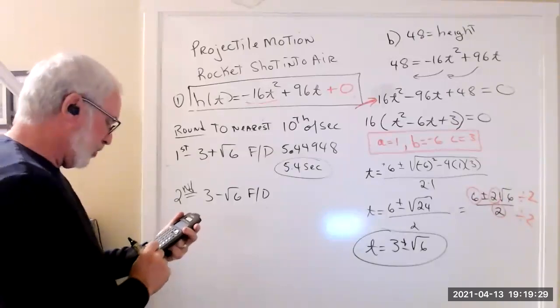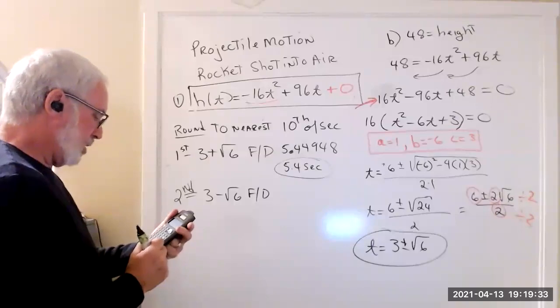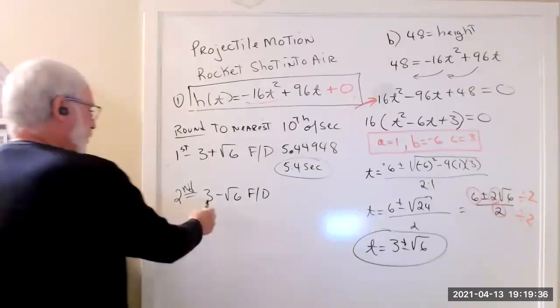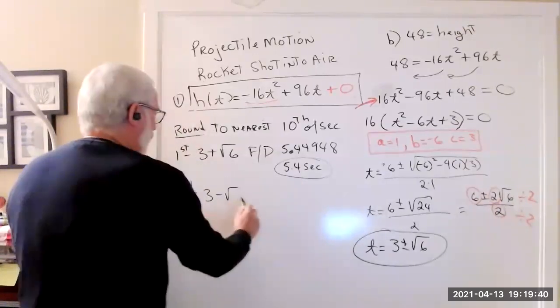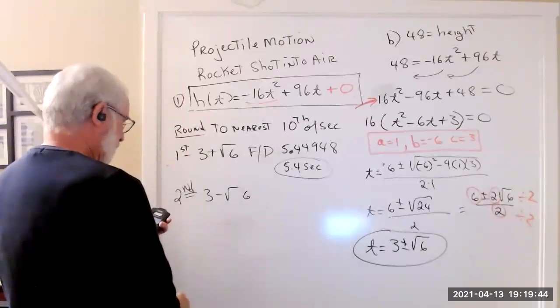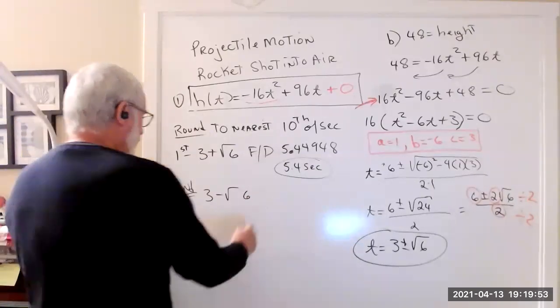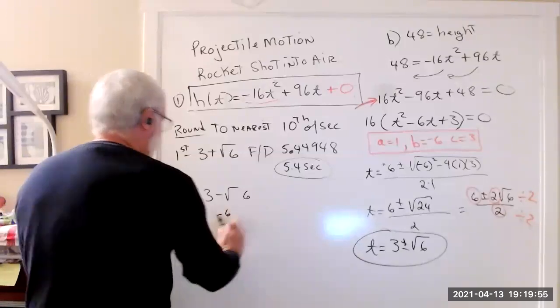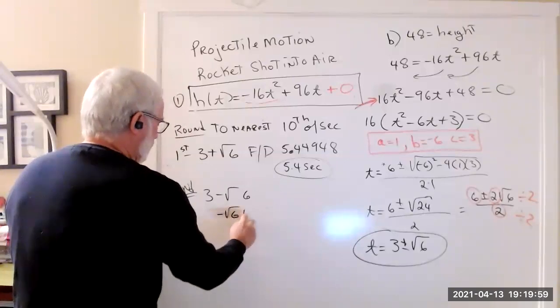Which calculator are you using? I think the third. Okay, because I'm just hitting 3 minus, I'm hitting the square root button and then the 6 button. And you're still getting syntax error? And what it does is it turns it into this. It reverses it for some stupid reason. Negative radical 6 plus 3.